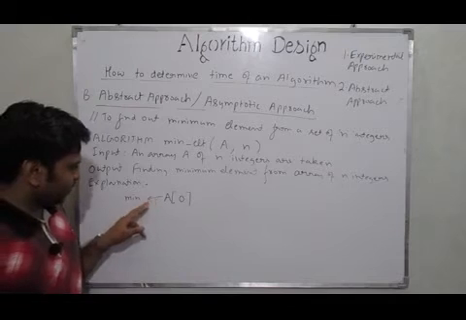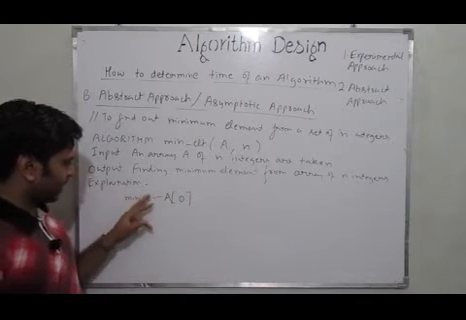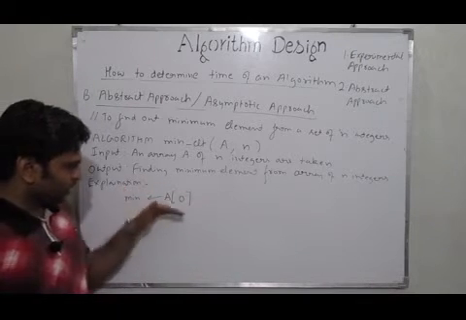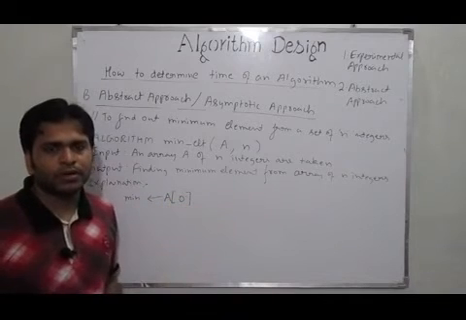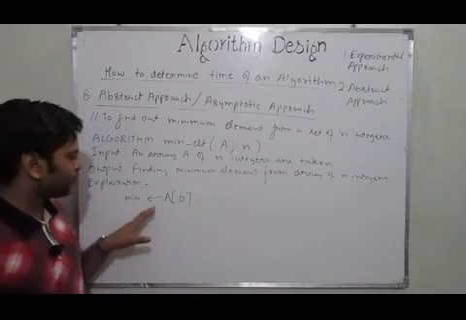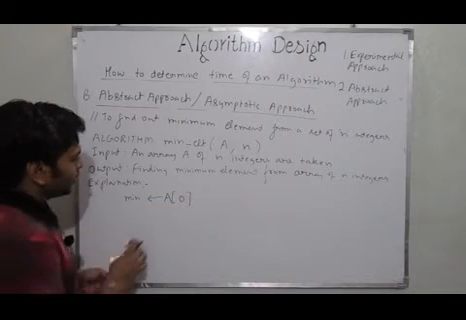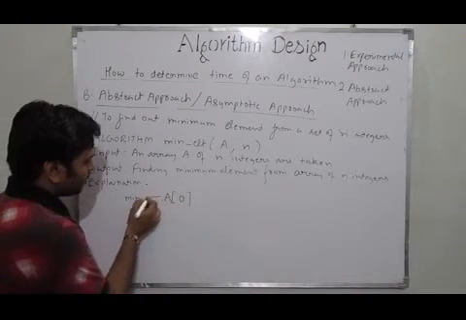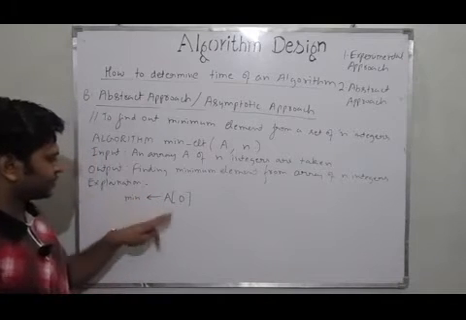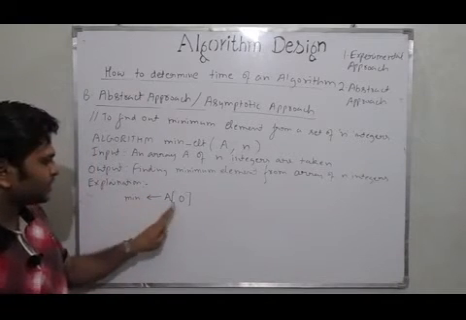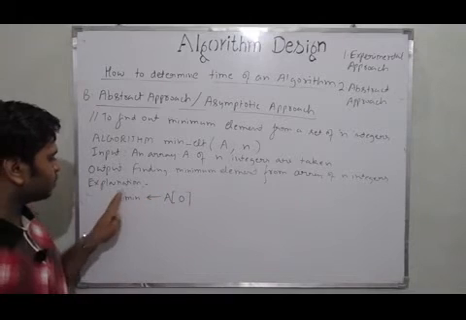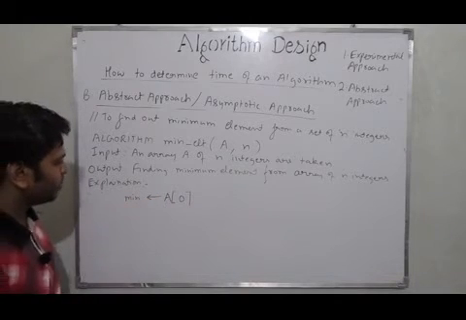This is a way to assign a value to a given variable under the pseudocode concept. Whenever you are supposed to do the initialization, you have to put the arrow in this direction. So this implies this element has been assigned to this variable minimum.